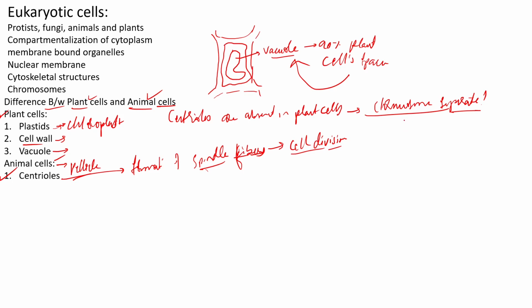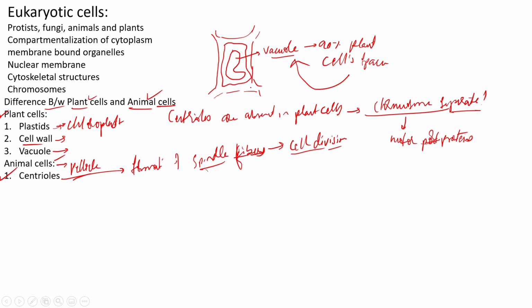Here in the case of plant cells, generally this function, the separation of chromosomes or the sister chromatids in the chromosome, is mainly done by the motor proteins. These motor proteins are involved in the formation of spindle fibers.